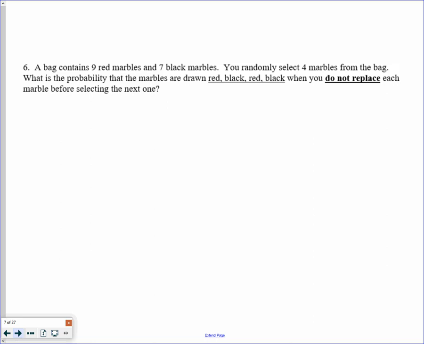Next one, a bag contains 9 red marbles and 7 black. You randomly select 4 marbles from the bag. What is the probability that you get a red, a red, and a black if you do not replace? So again, now we're not putting it back. So there is a 9 out of 16 chance of getting a red. Then there's a 7 out of 15 chance of getting a black.